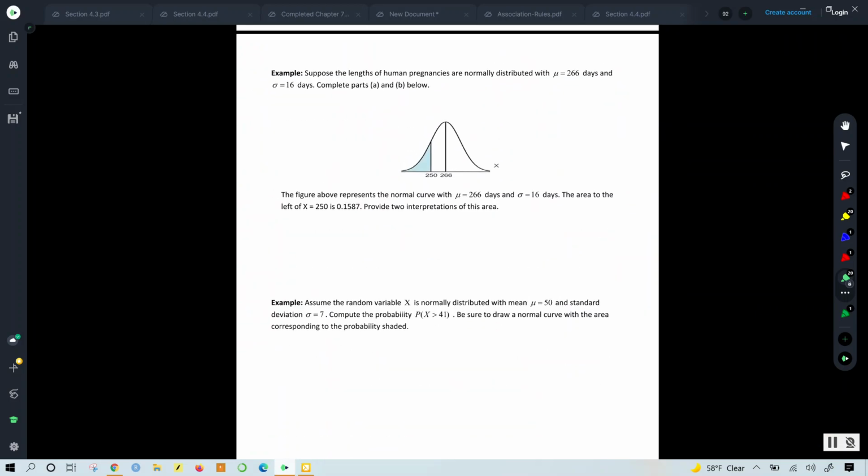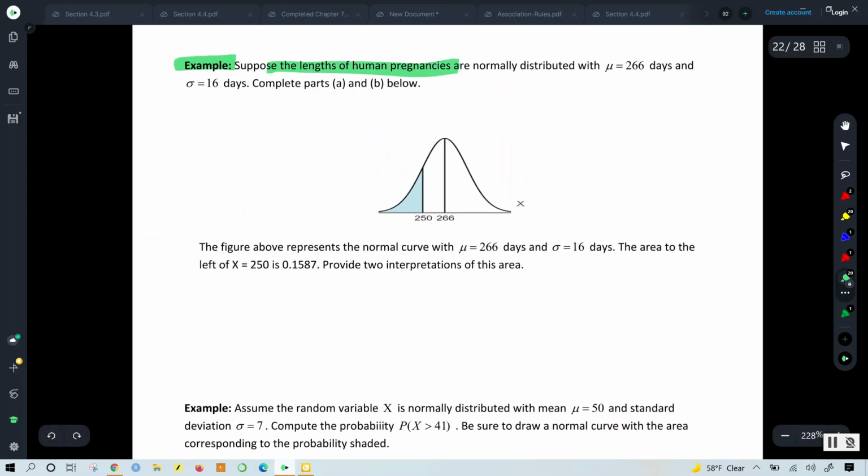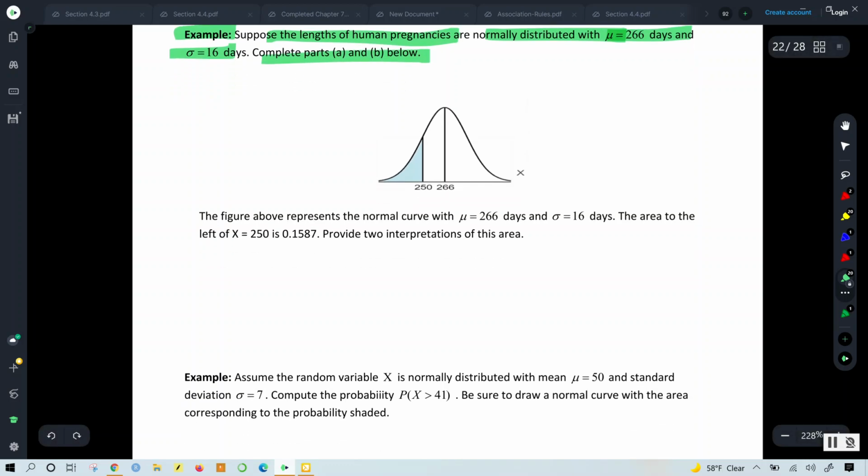In this example, we are told that suppose the lengths of human pregnancies are normally distributed with a mean of 266 days and a standard deviation of 16 days. Complete parts A and B below. I have already condensed them into just this piece.